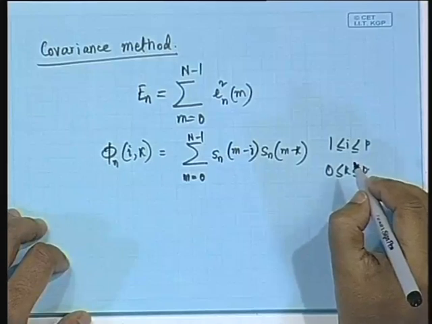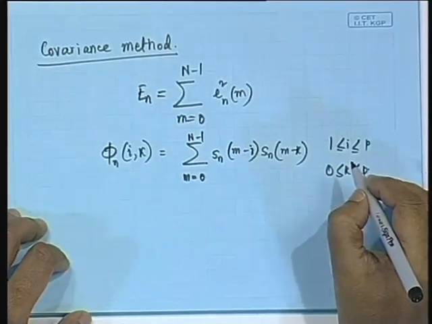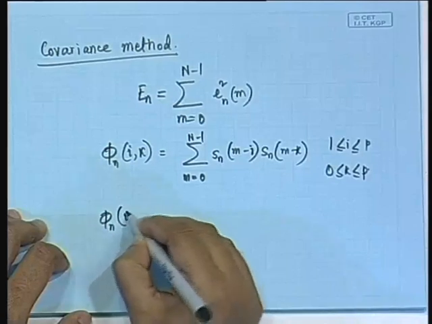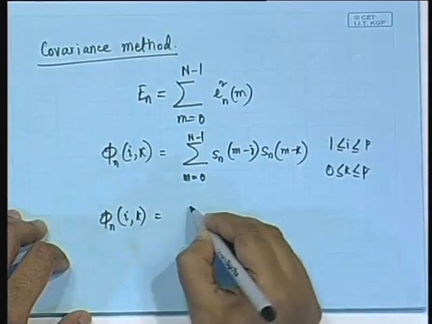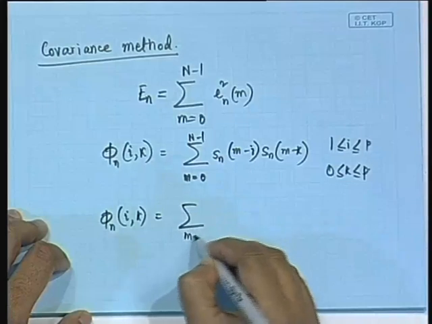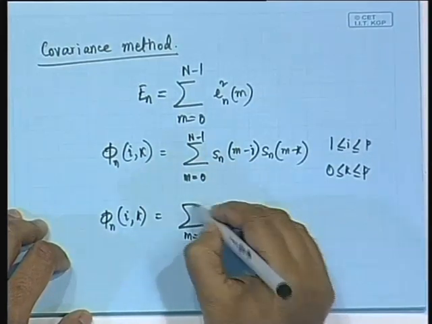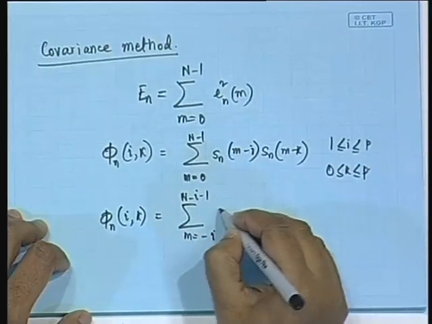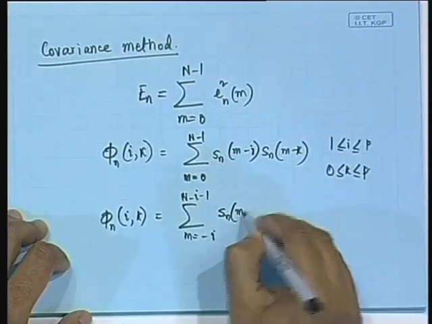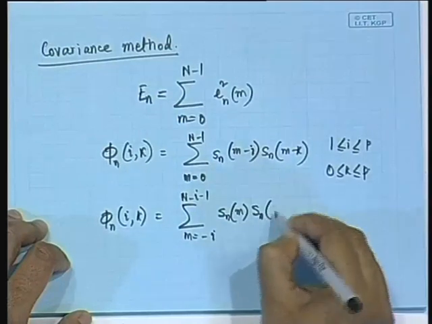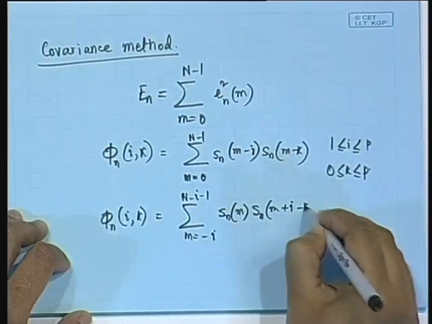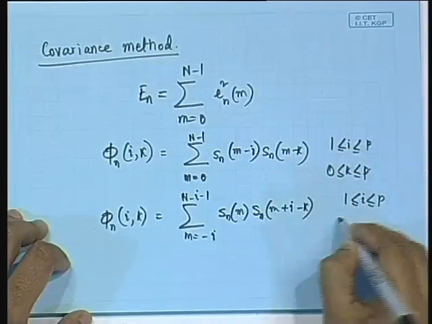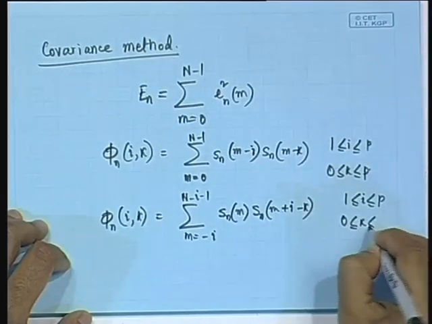And if we change the index of summation, in that case we can write phi n I k to be equal to the summation m equal to minus I to n minus I minus 1 of S n m into S n m plus I minus k, I from 1 to p, k from 0 to p.